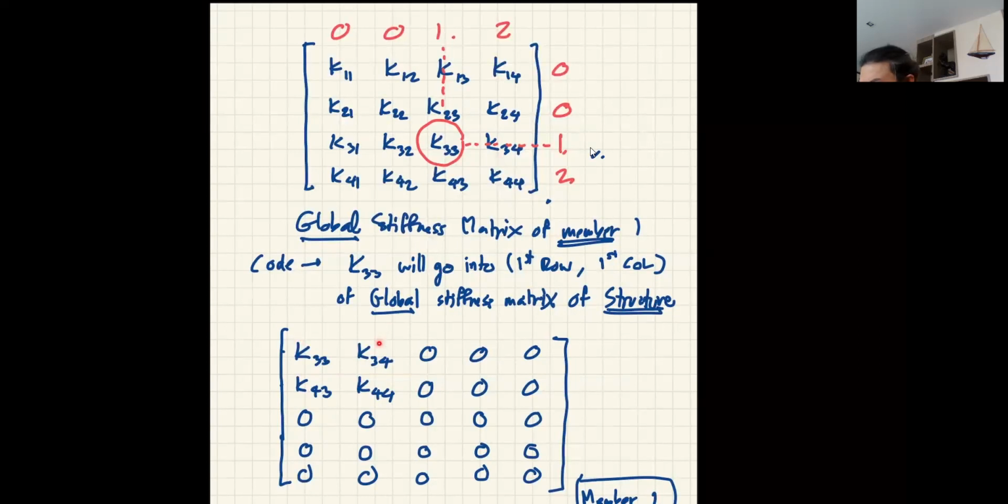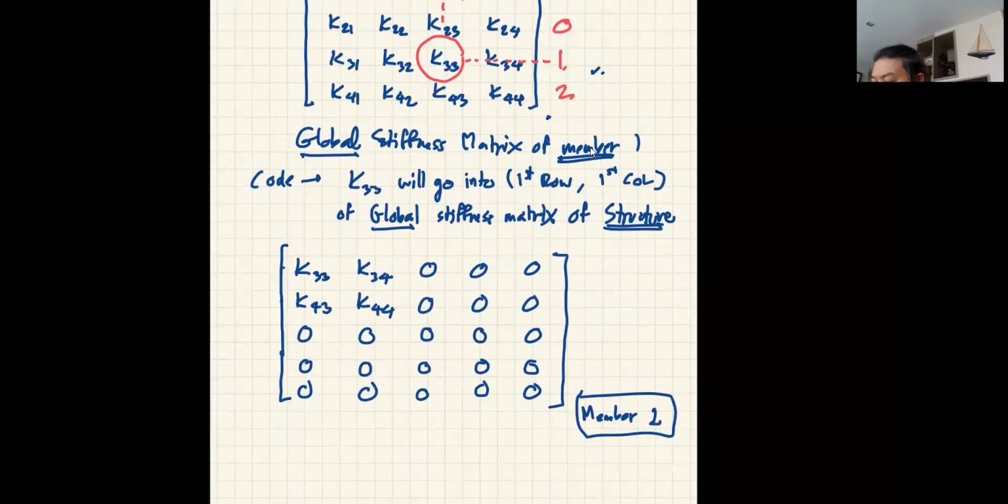This comes here. See, the first row and the second column comes here. Second row, first column, it's here. Second row, second column, it's here. So this is a portion of the global stiffness matrix of the structure from member 1 only.